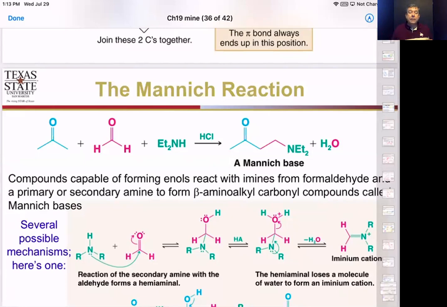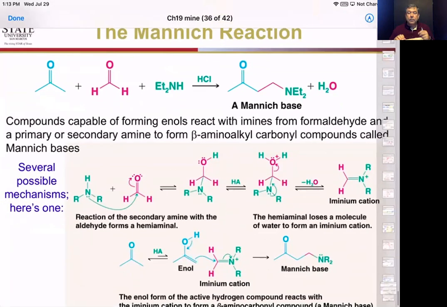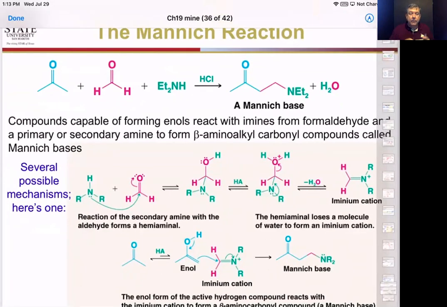So the way this happens is we take formaldehyde, which is the simplest aldehyde, and we preform the formaldehyde with the amine to create that activated species that then can be attacked by the enol form of the ketone.